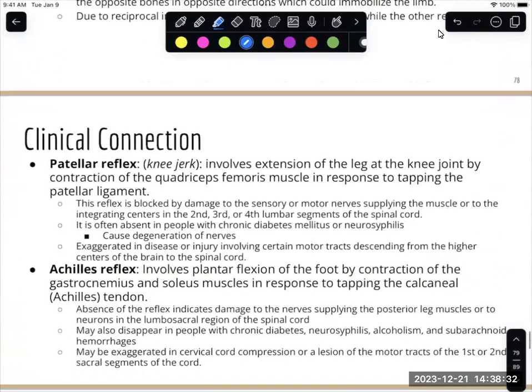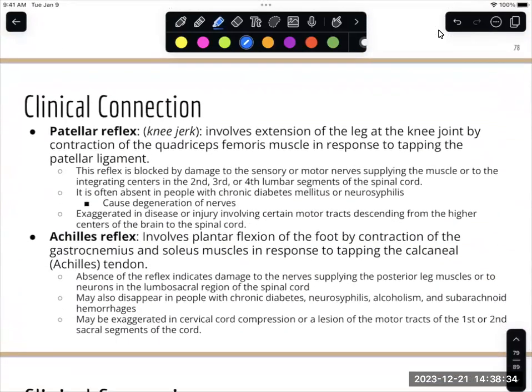So I mentioned that patellar reflex many times, hitting that patellar tendon. Well, this reflex can be blocked by damage. That is either the nerve that goes to that specific patellar tendon, usually around L4.